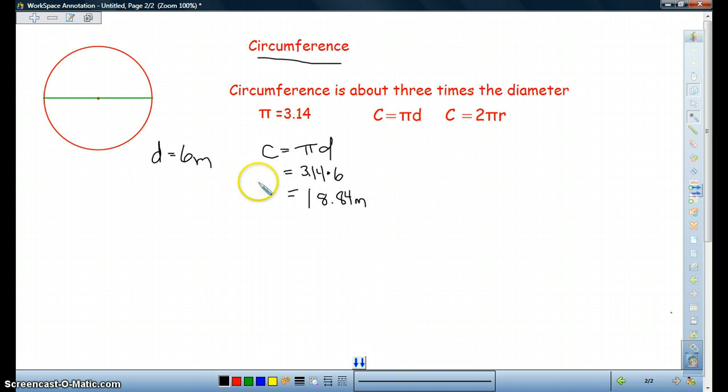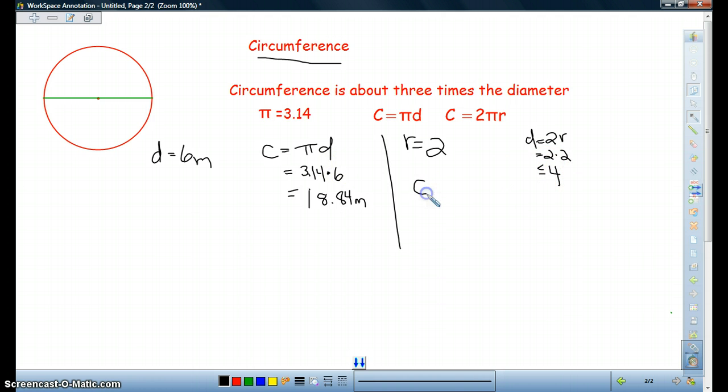Now what happens if they gave us radius? So let's say the radius was 2. You can do it 2 ways. You can say, okay, I know how to find diameter, which is diameter equals 2r. And 2 times 2 is 4. And now I can do it exactly like I did in this first part. I do pi times my diameter.